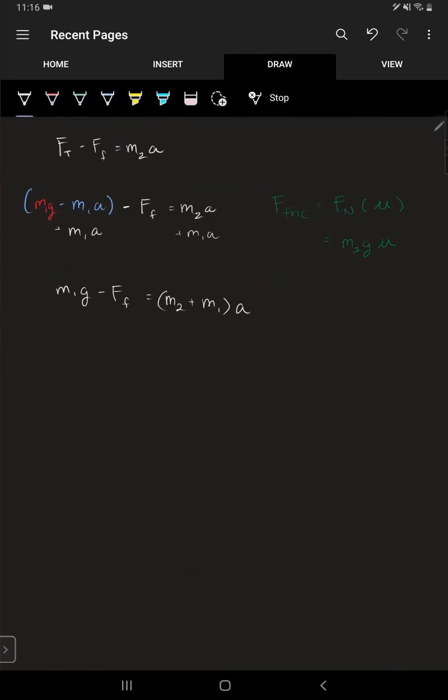So let's do this. M1g minus M2g mu equals M2 plus M1 quantity times a.